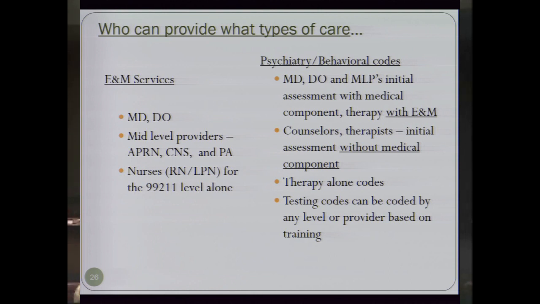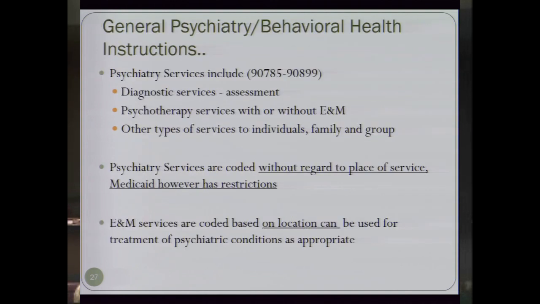And testing codes are based on what that designation is in terms of psych testing or other testing services in terms of their clinical background. So yes, a CNS could do psychological testing, or a social worker or a psychologist, based on what their skill level is. General psychiatry and behavioral health codes are in the 90785 through 90899 section.